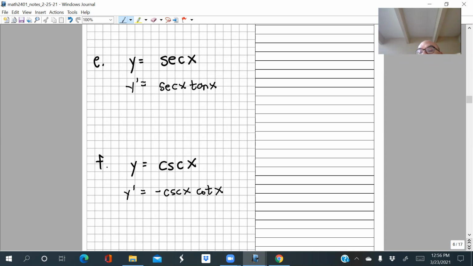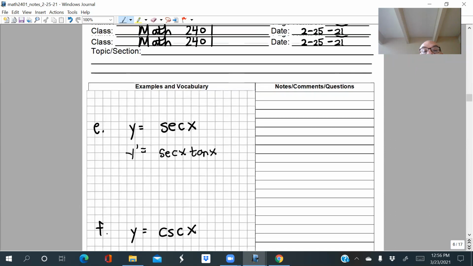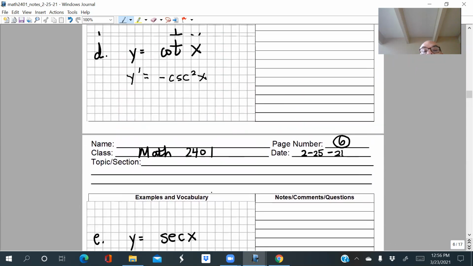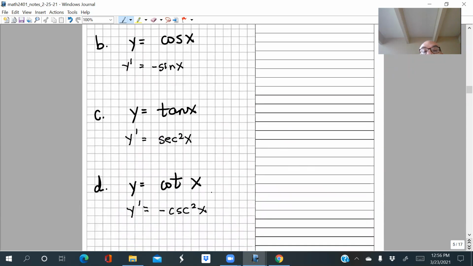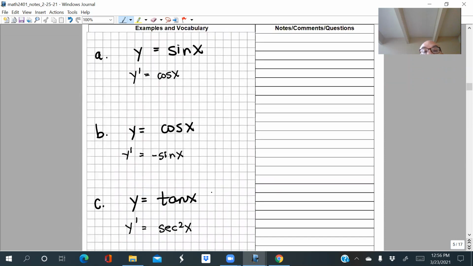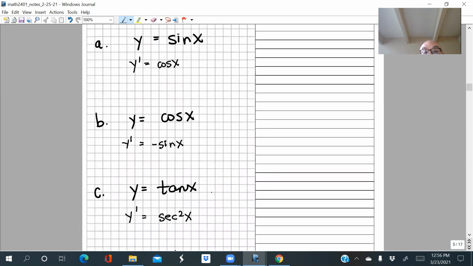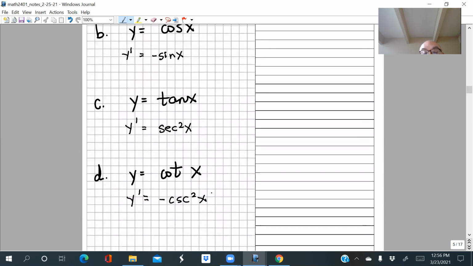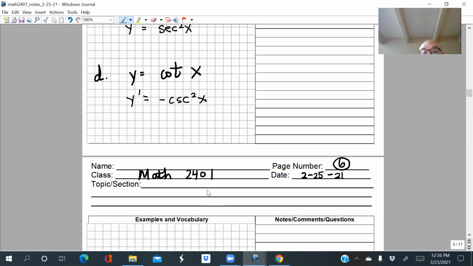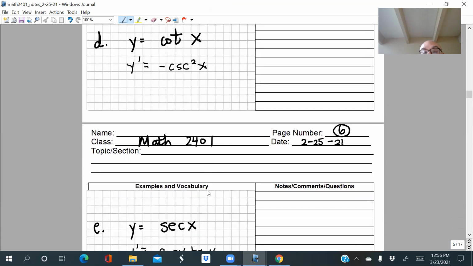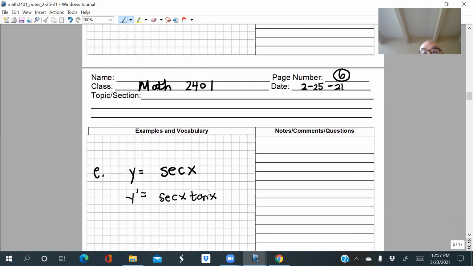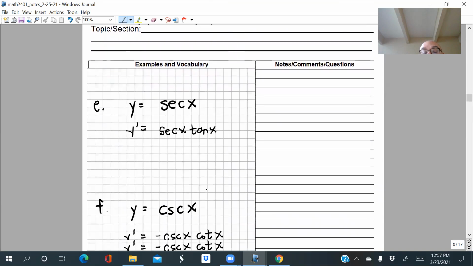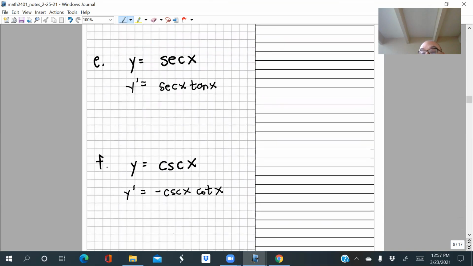So that list, you just have to sort of memorize it. Of course, the three that are really the most used will be sine, cosine, and tangent. So those three are especially important to remember, but you also have to memorize the derivative of the cotangent, the derivative of the secant, and the derivative of the cosecant.